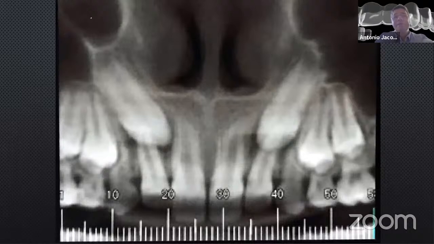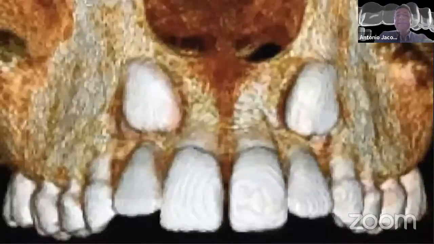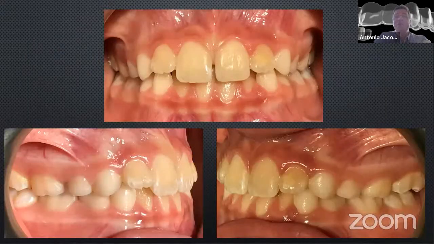This is a CT that we made, and we are almost having a transposition on the left side. So we made a study on this, and then we made the decision to extract the canines and the first deciduous molars at this time, to maybe change the path of eruption of the canine.